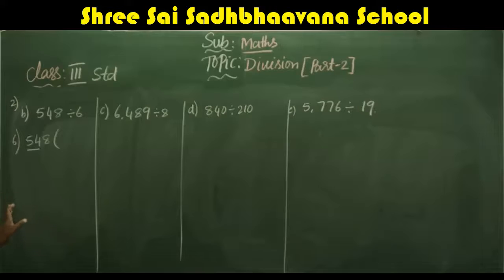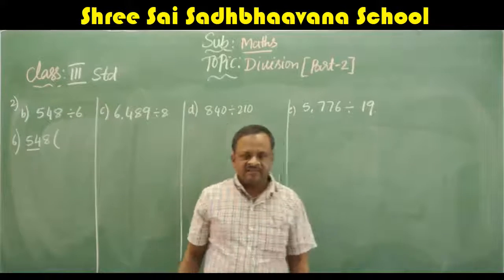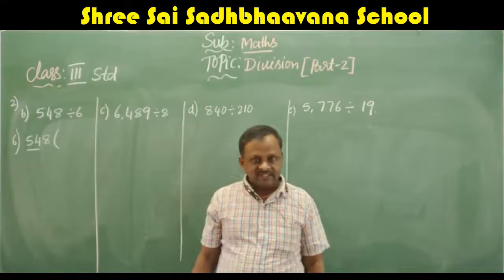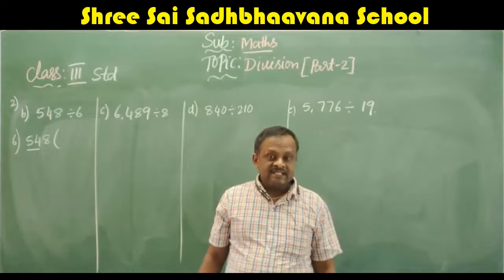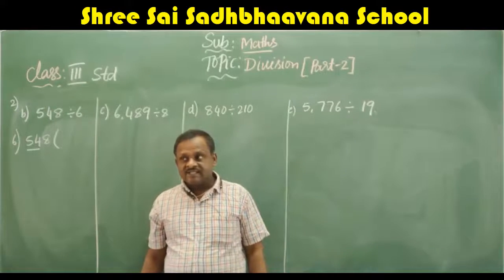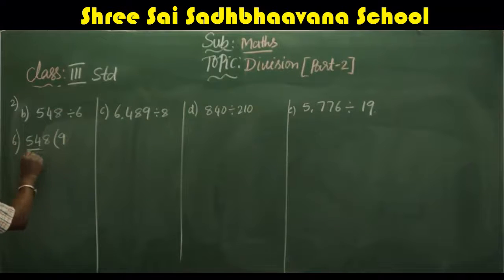So how many times will it go? 6 ones are 6, 6 twos are 12, 6 threes are 18, 6 fours are 24, 6 fives are 30, 6 sixes are 36, 6 sevens are 42, 6 eights are 48, 6 nines are 54. You subtract it. 54 minus 54, 4 minus 4, 0, 5 minus 5, 0.